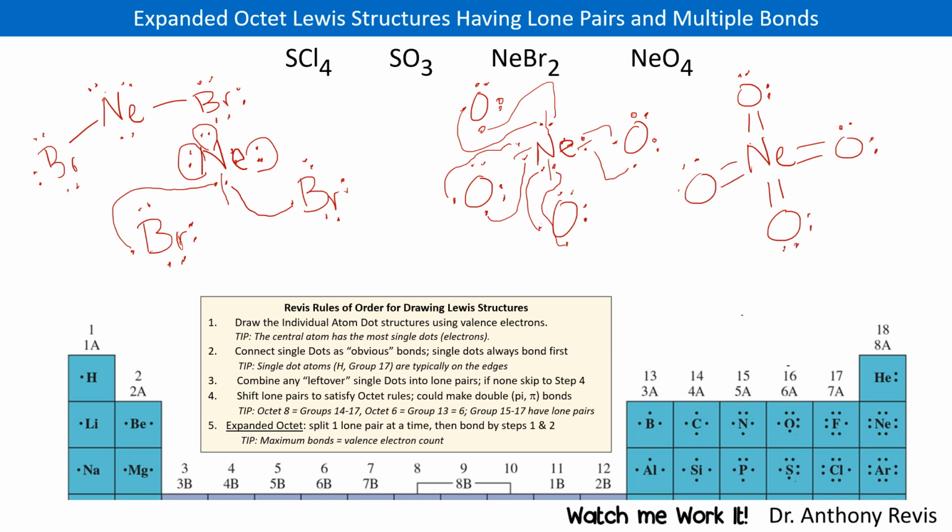And therefore we split these, and we have the expanded octet of neon with 4 oxygens around it, and we have the expanded octet of neon with 2 bromines around it and 3 lone pairs. In the case of neon with the 4 oxygens, it has no lone pairs left. All right.